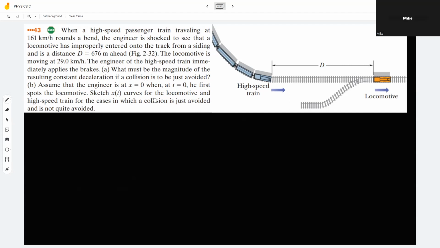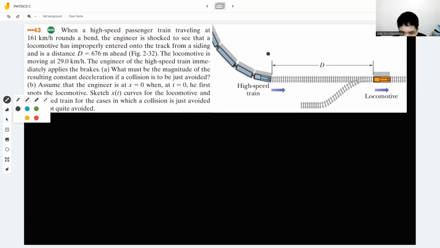Assume that the engineer... Ganito, pick an origin. Let the zero of position be the initial position of the train. So mark that: 0 and 676.